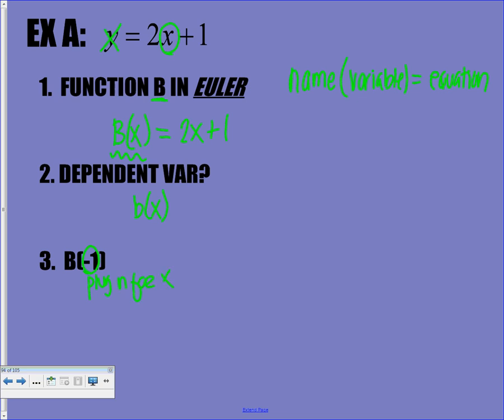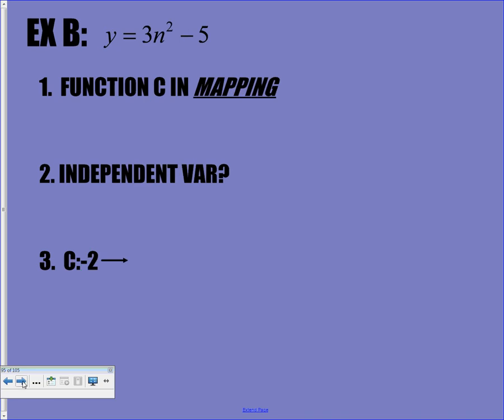Whatever's in that parentheses, you plug in for x. So I'm going to say 2 times negative 1 plus 1, because my formula was 2x plus 1. So 2 times negative 1 is negative 2, plus 1 is negative 1. So b of negative 1 equals negative 1. Okay, so b of negative 1, just plug it in and evaluate it. So that is example A with Euler notation.